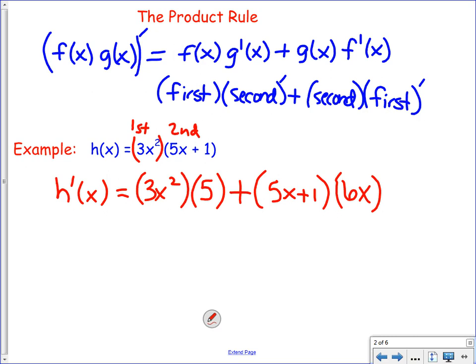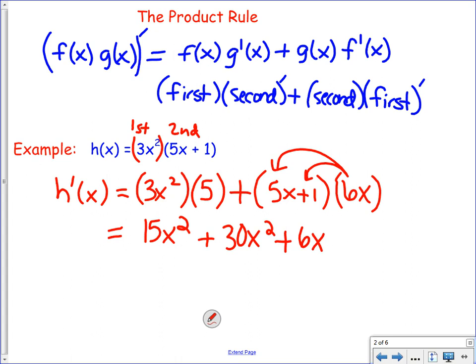All right, so then we just need to simplify this. Let's start by multiplying 3x squared times 5. So that's 15x squared. And then over here, we will distribute that 6x. So we get 6x times 5x is 30x squared. And 6x times 1 is 6x.